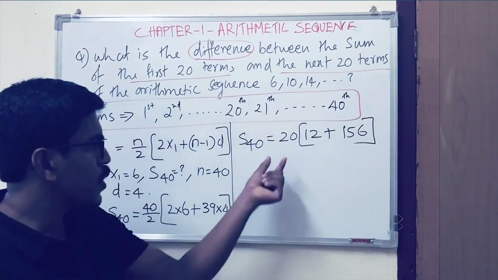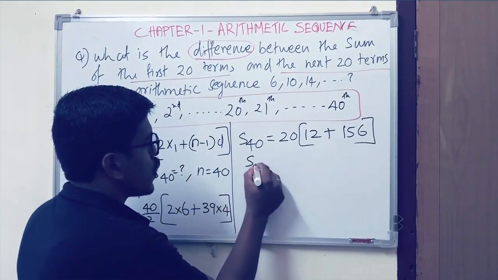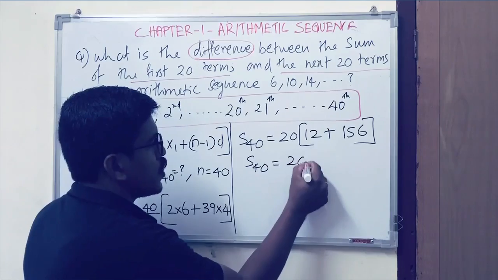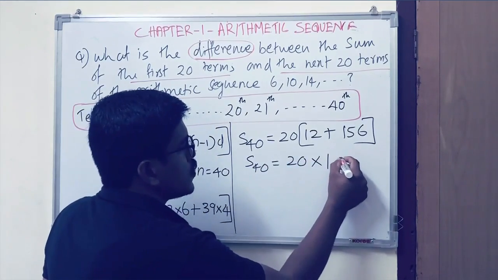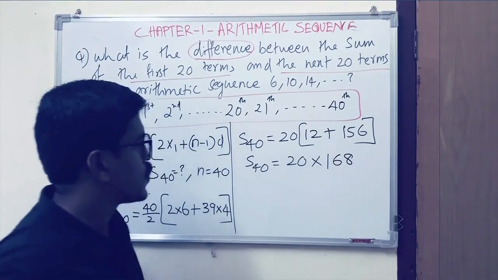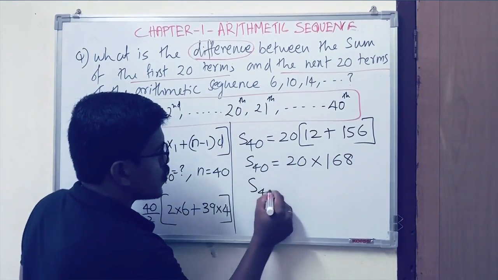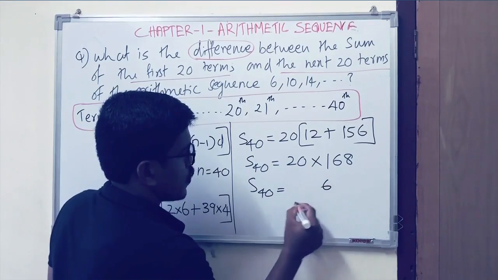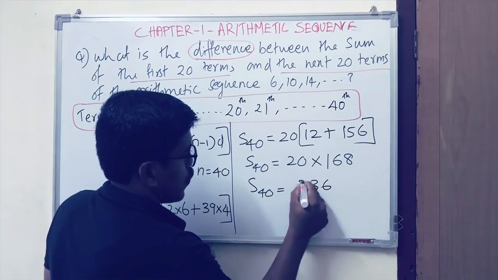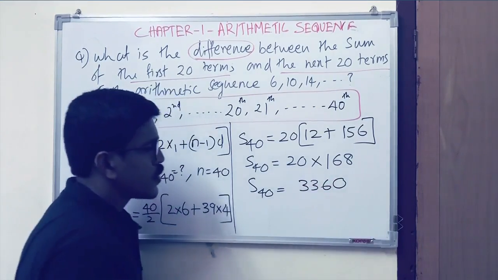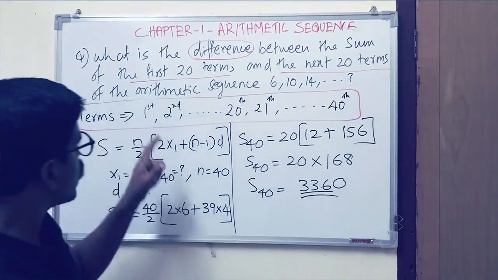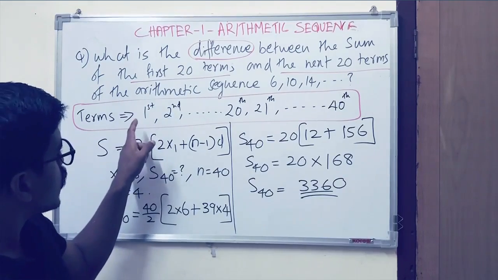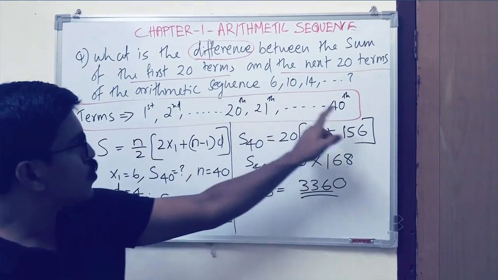So S40 is equal to 20 into 168, that is S40 is equal to 3360.